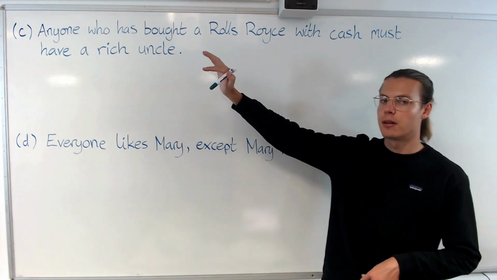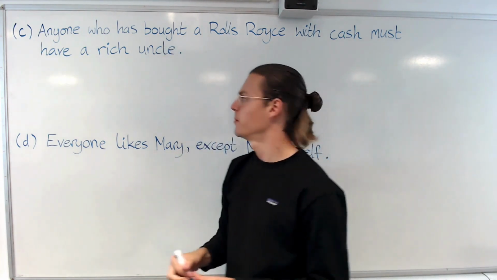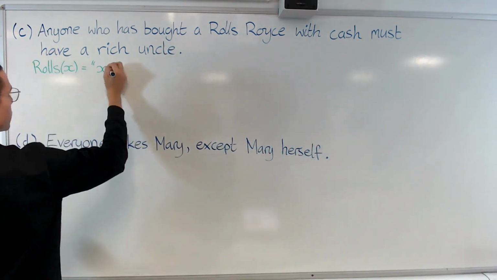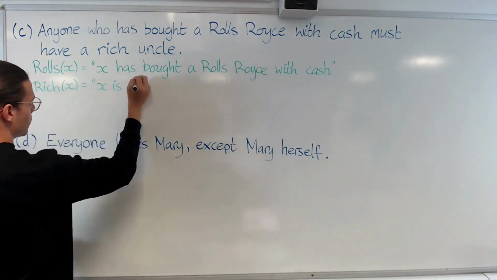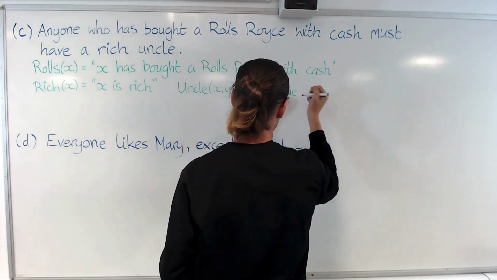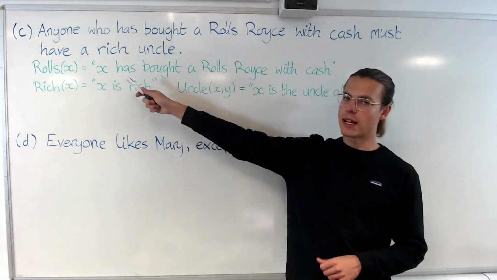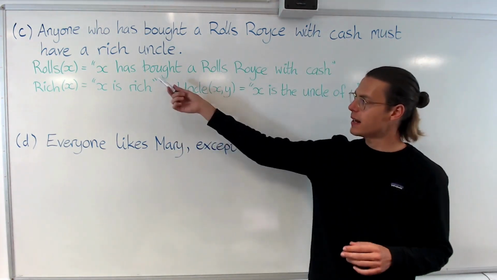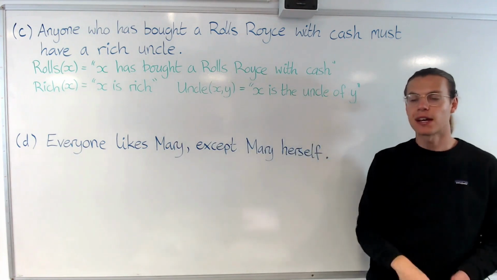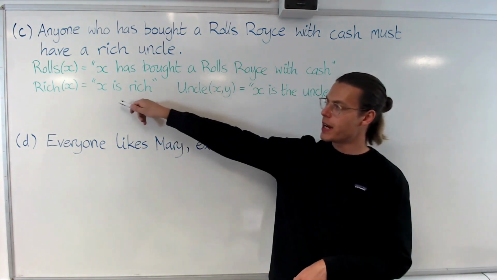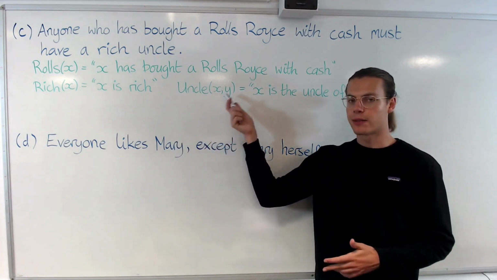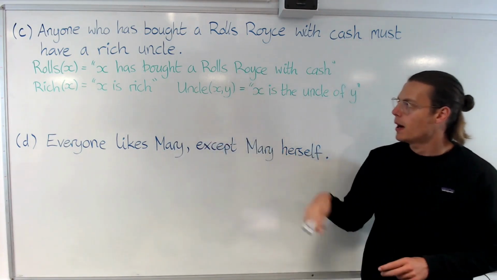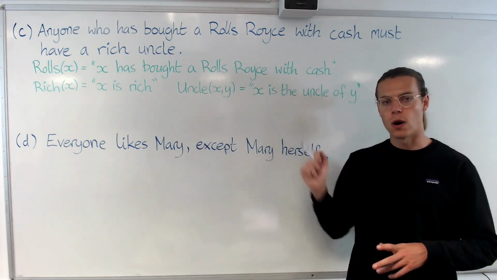For this statement, I'm going to define three predicates. Rolls(X) stands for X has bought a Rolls-Royce with cash, Rich(X) stands for X is rich, and Uncle(X, Y) stands for X is the uncle of Y.